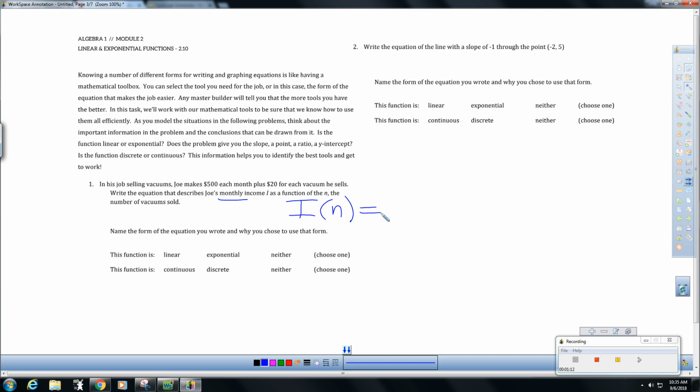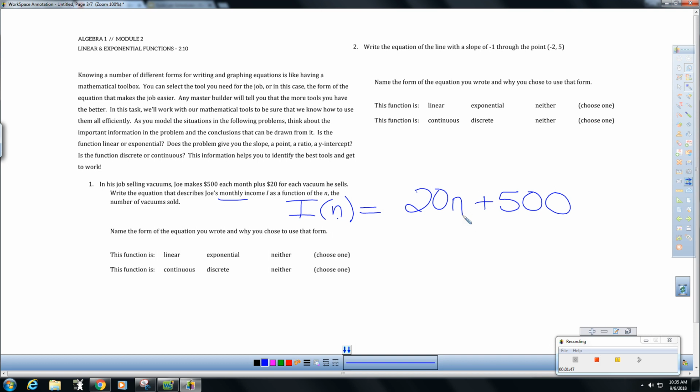So, how do we figure out how much money he has per month, how much income he has based on the number n vacuums sold? Well, I think if he sold no vacuums, he would still have $500. So that is our Y-intercept. Hopefully you're starting to get good at picking up the Y-intercept, okay? The slope in this equation is 20. He makes $20 for every vacuum that he sells, okay?